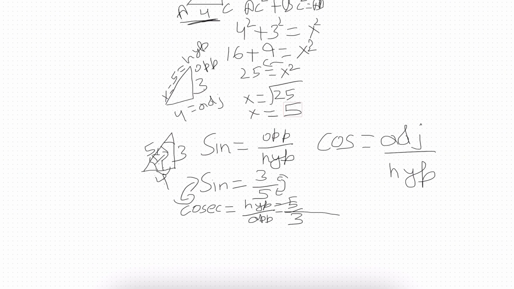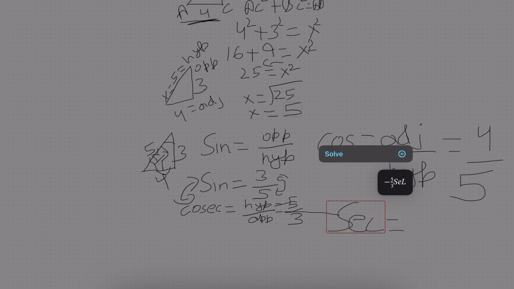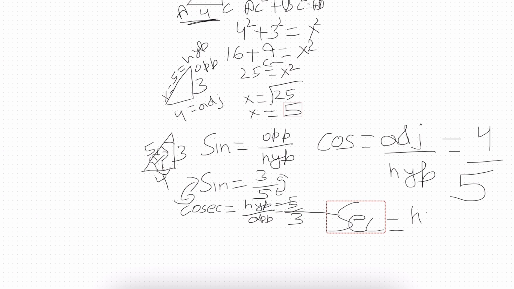If you can see, adjacent is 4 and hypotenuse is 5. I think you guys are getting it. And the secant will be the reciprocal of cos, so it will be hypotenuse over adjacent, simply 5/4. It's really easy, I know.